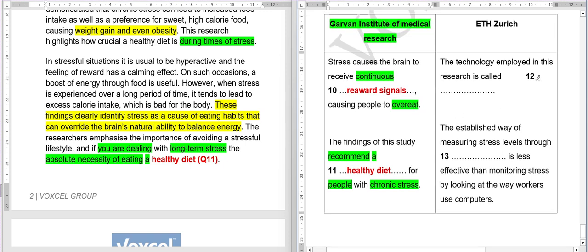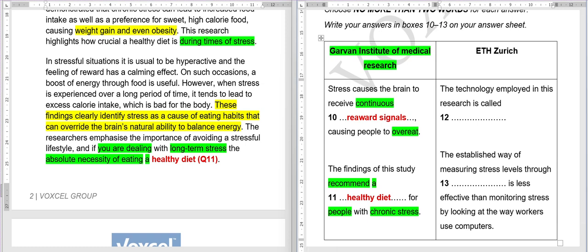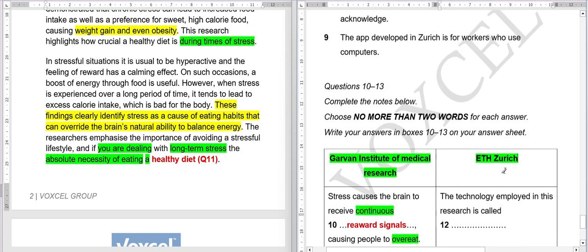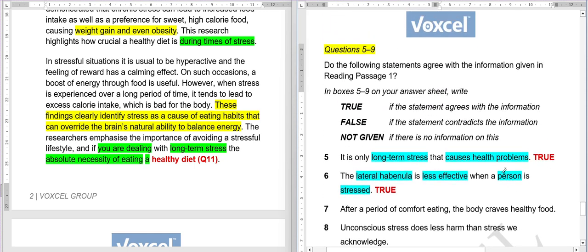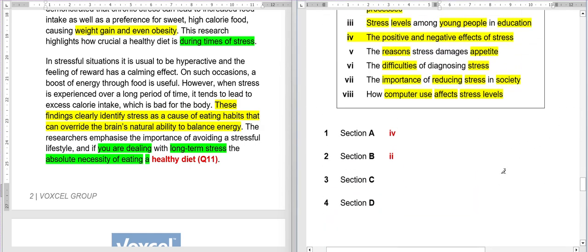Okay, let's read the 12th question now and see the ETH Zurich. Wherever we find this particular information, we will find our answer for the 12th. Okay, now we will read the C section.